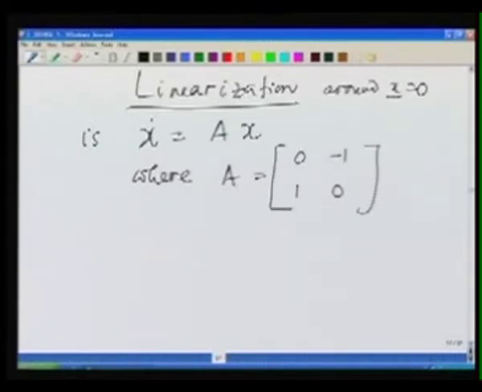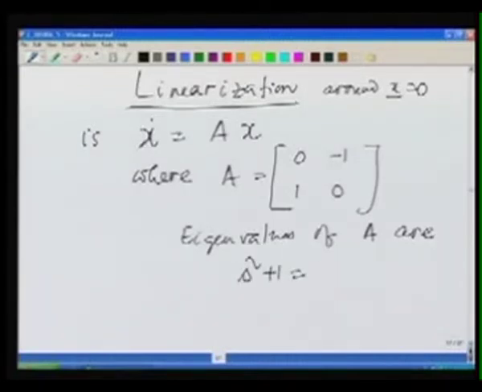This is the matrix we obtain, and you can easily check that the eigenvalues of A satisfy s square plus 1 equal to 0.